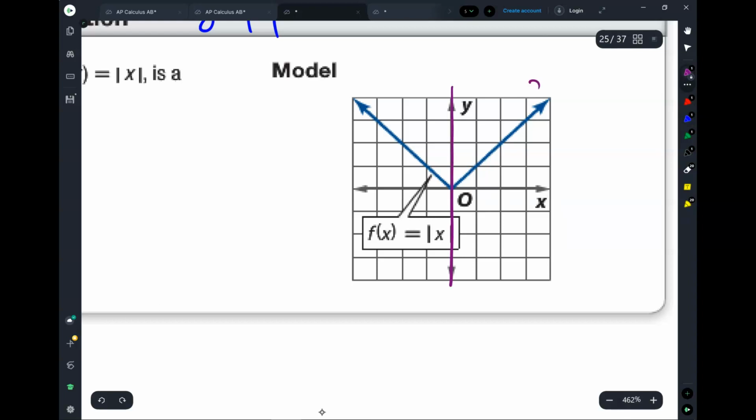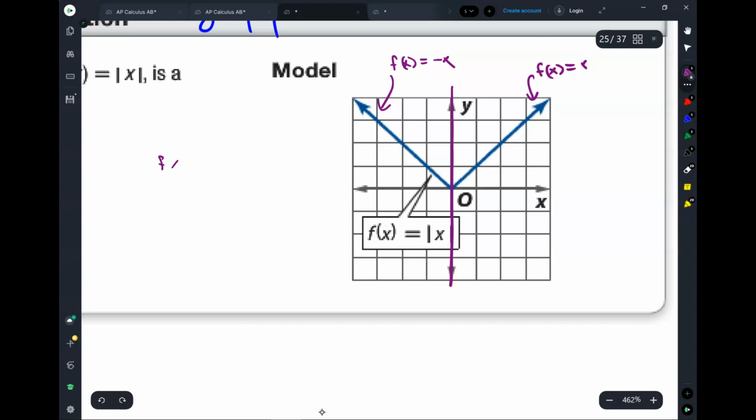Right? So what would be a proper function for the stuff on the left? I'm sorry, on the right. F of x equals x, right? Slope is 1, y-intercept is 0. What about here? F of x equals negative x. Slope is negative 1.